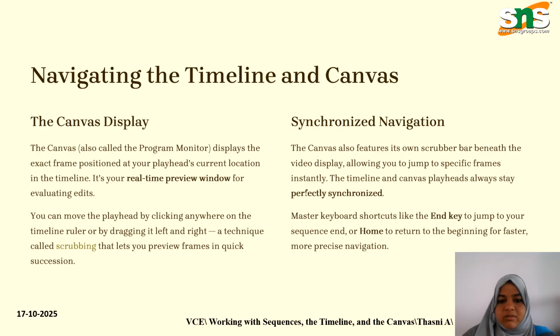Another one is synchronized navigation, where the canvas also features its own scrubber bar, which allows you to jump to specific frames instantly. Master the keyboard shortcuts, like the N key to jump to your sequence and the Home key to return to the beginning, for faster, more precise navigation.